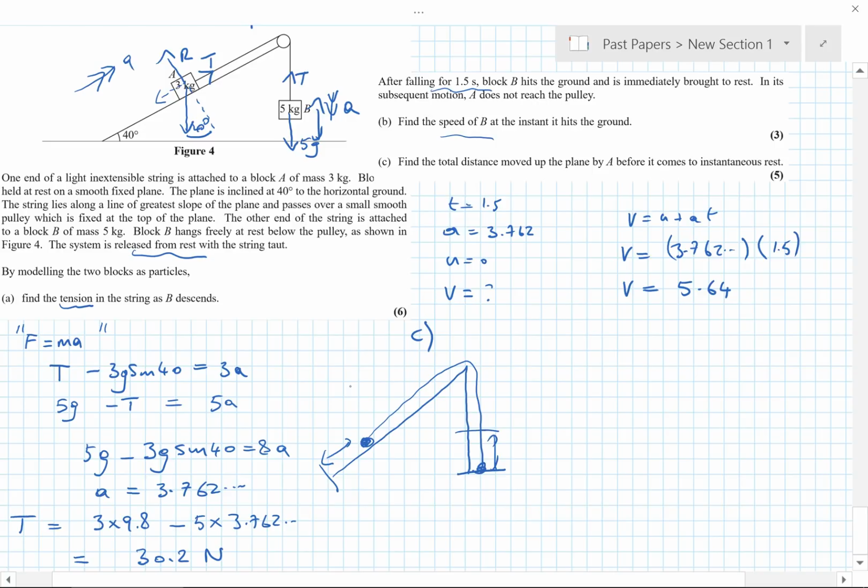So to find the distance whilst accelerating, the string is taut, so you've still got tension pulling the thing up.